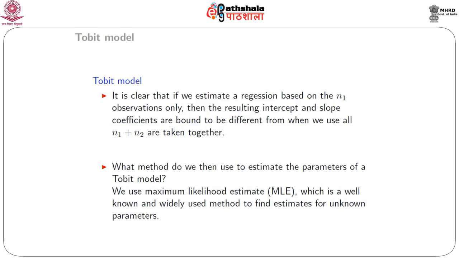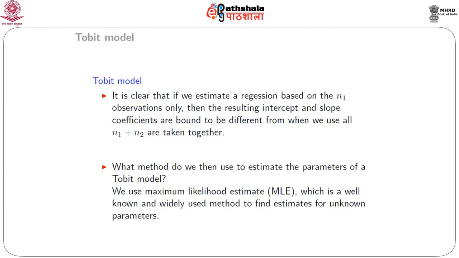Now, in case of the Tobit model, we can also have latent variable models that do not involve binary dependent variables. Suppose we have y star equals x times beta plus u, where the distribution of error term u given x follows normal 0, sigma square.